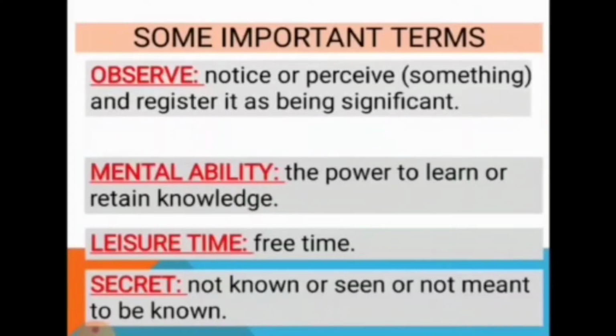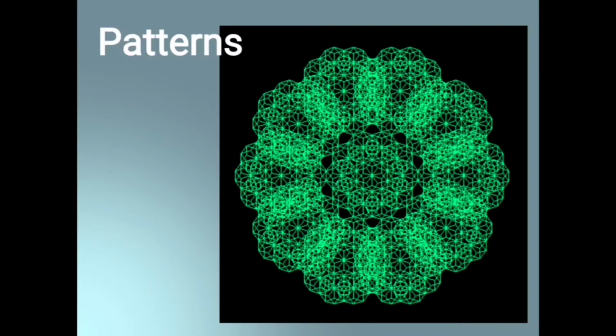Now, let's have a look at the explanation of this chapter. Hello kids, today we will discuss patterns. Pattern means a kind of similarity, a connection or a relationship among pictures, designs, numbers, events, etc. Here we keep the discussion about patterns.